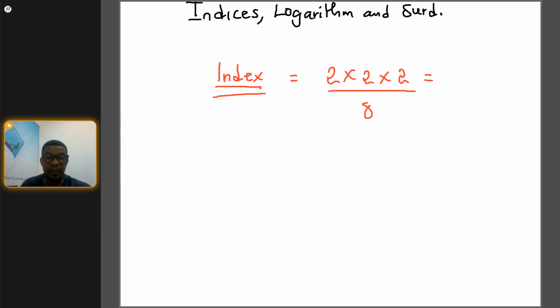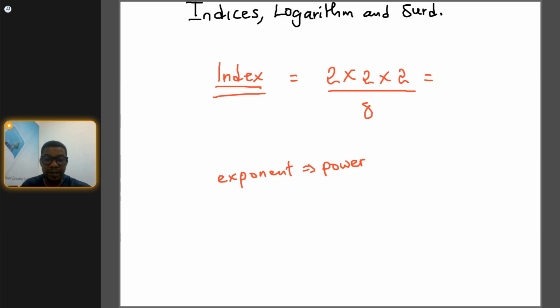But if I want to write it in index form, I will express that number in a way that it has an exponent. What I mean by an exponent is power.